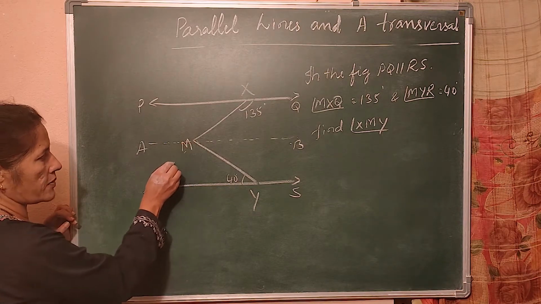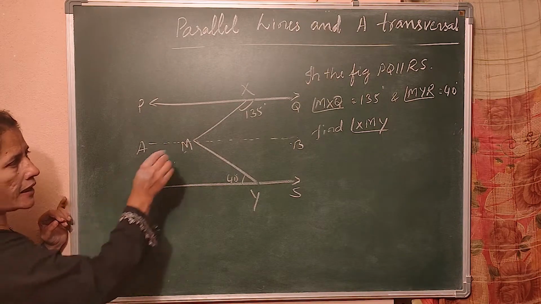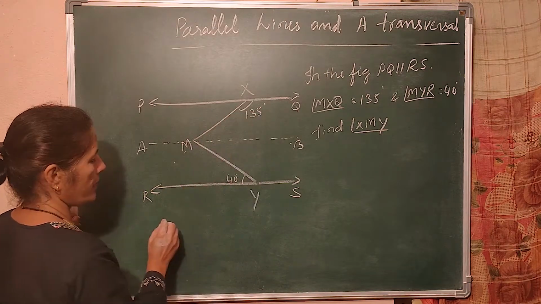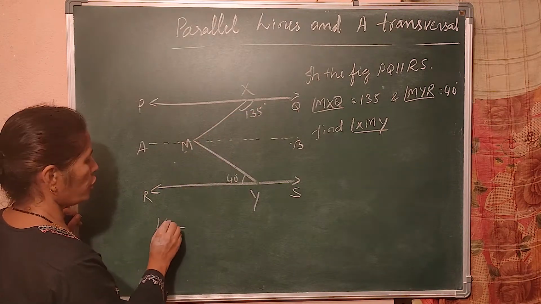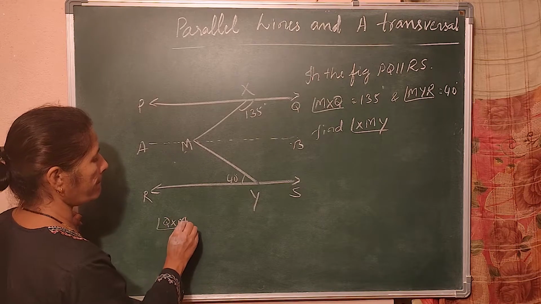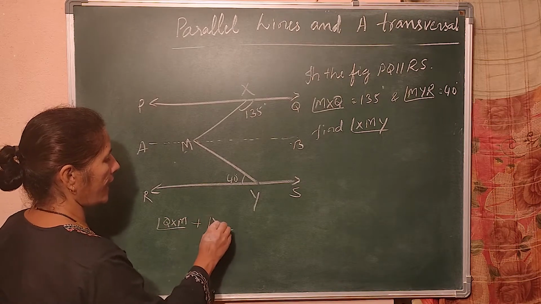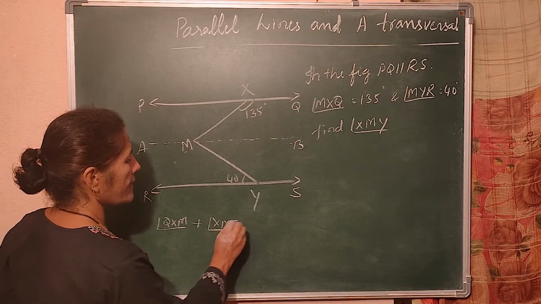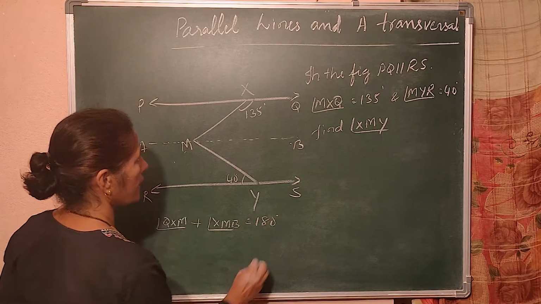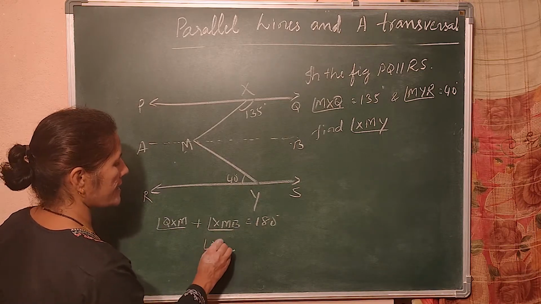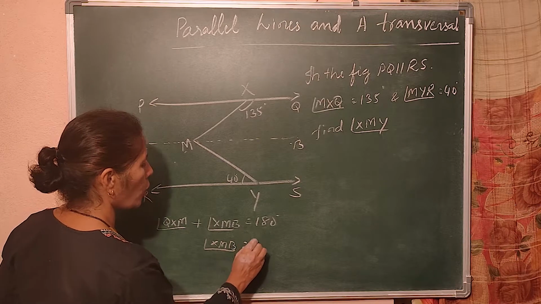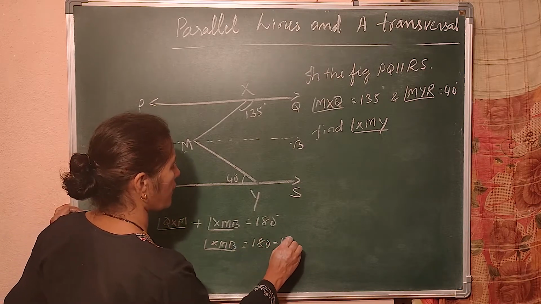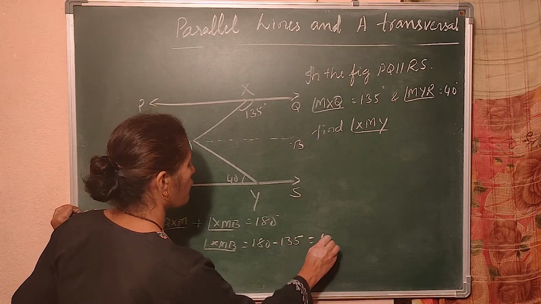See, this is a transversal. Angle QXM plus angle XMB is equal to 180 degrees. Therefore, angle XMB is equal to 180 minus 135, which is 45.